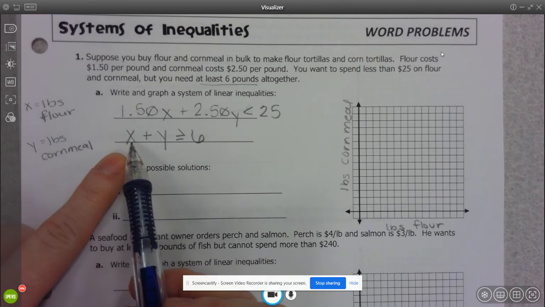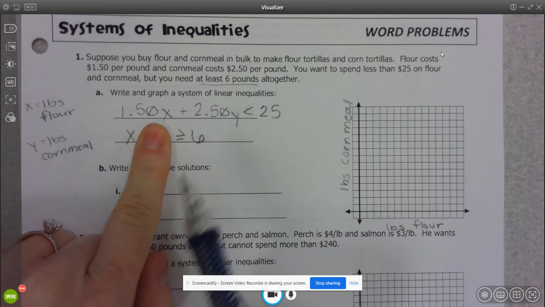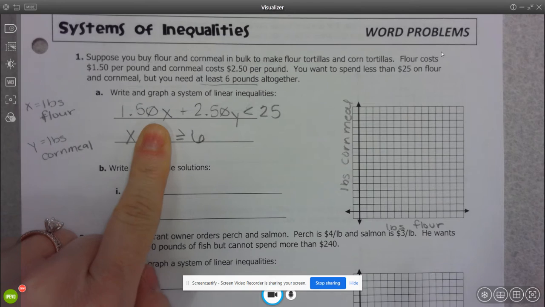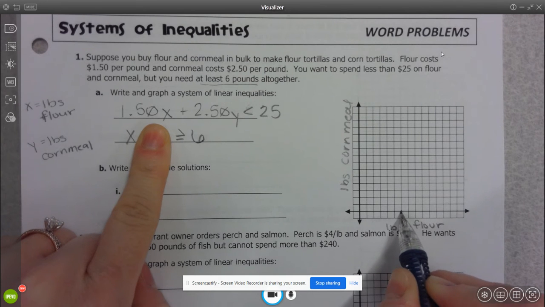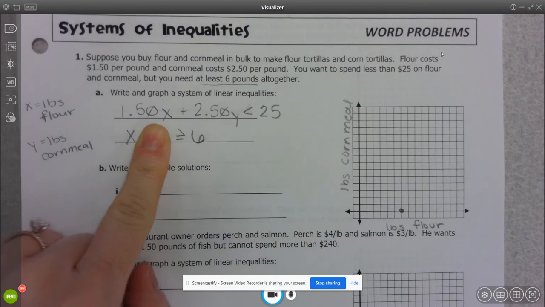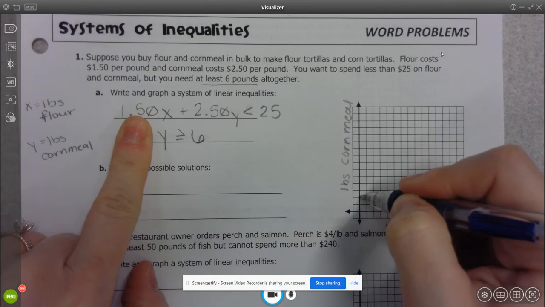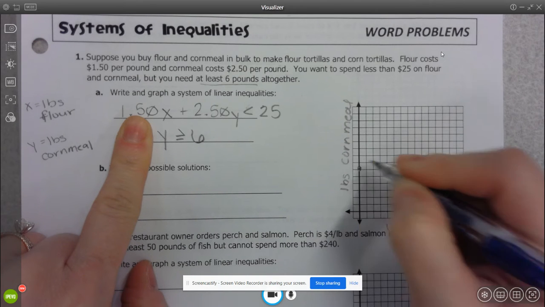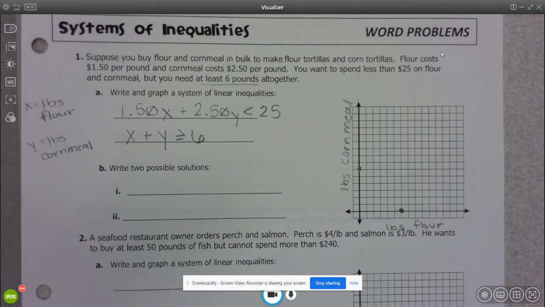If I'm looking for x and y intercepts, I'm going to take out y. So my x-intercept is going to be 6. 1, 2, 3, 4, 5, 6. And my y-intercept is also going to be 6. And I'm going to connect those.